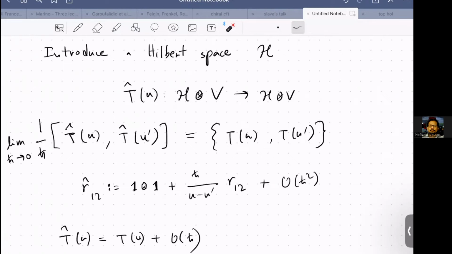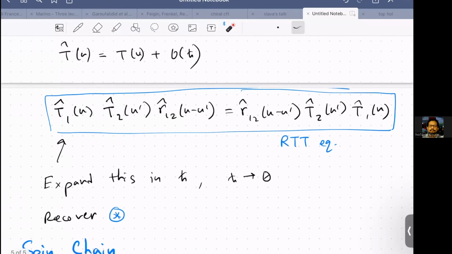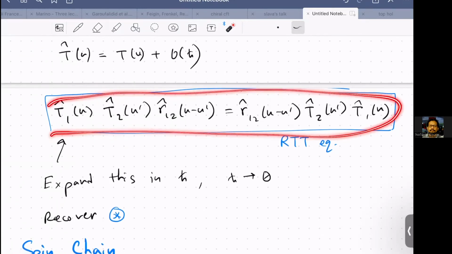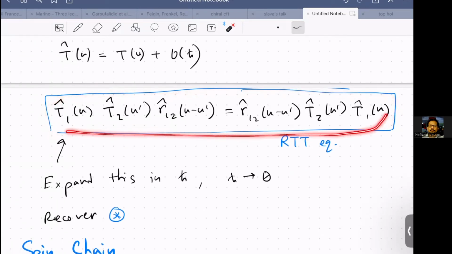In fact, most of the time this is not true. The point is that this equation is very difficult to satisfy. Most of the times you will not be able to find an R matrix and a T matrix that will satisfy this equation. I see. So most quantum field theories are not integrable. But if you can find such matrices, written as functions of your fields, then your theory is integrable.